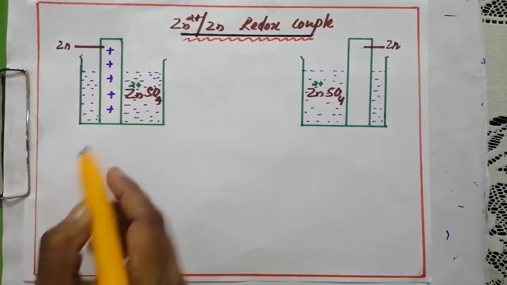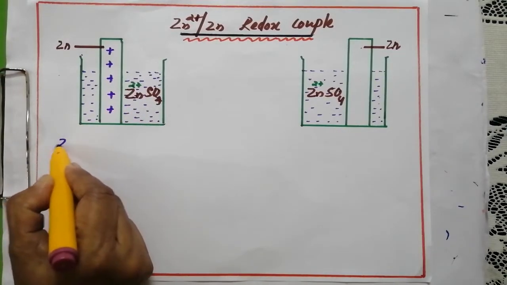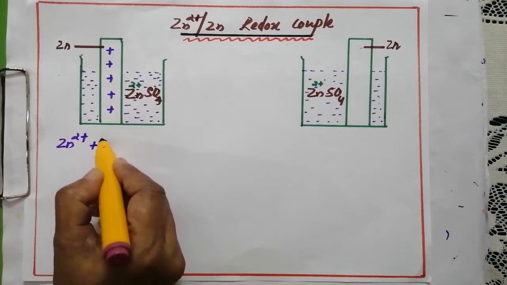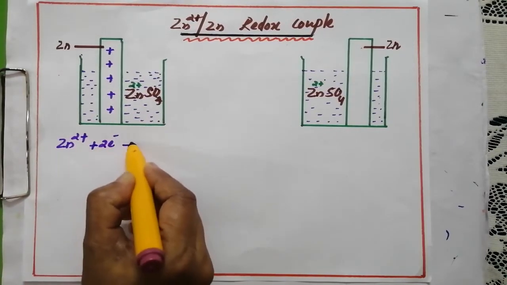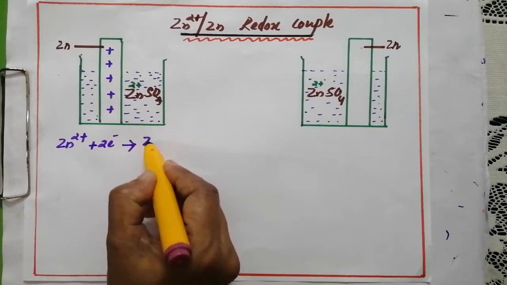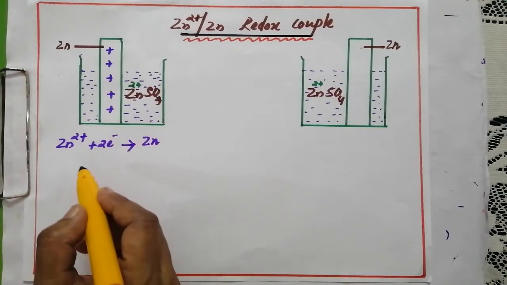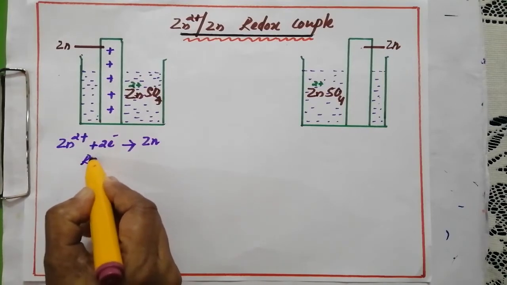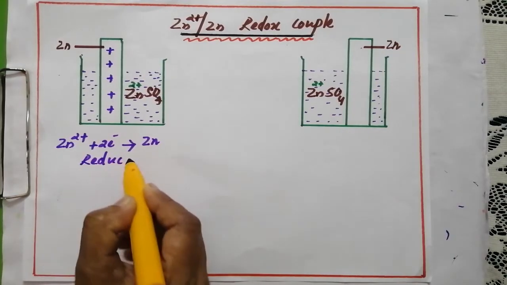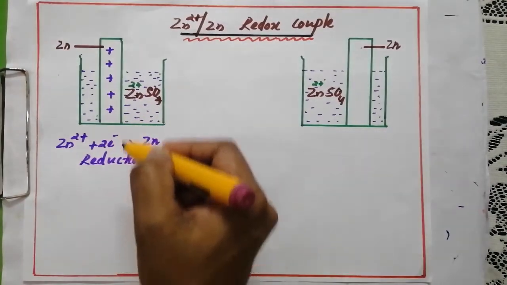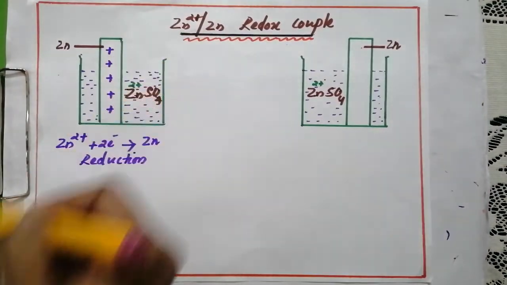And how does this happen? Zn2+ receives electron from the electrode and gets reduced as Zn. So this process is reduction. As a result of reduction, there is a positive charge developed on the electrode.